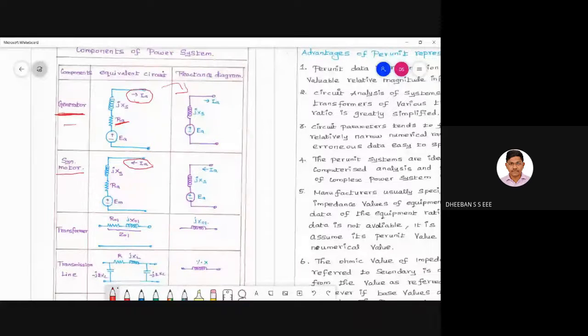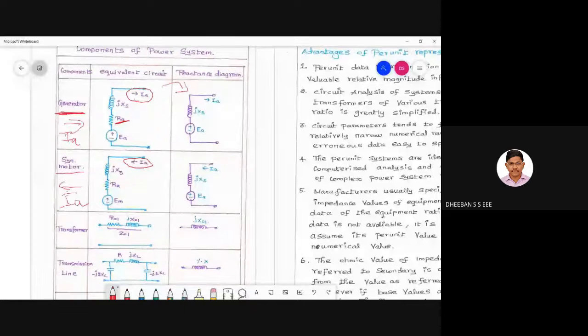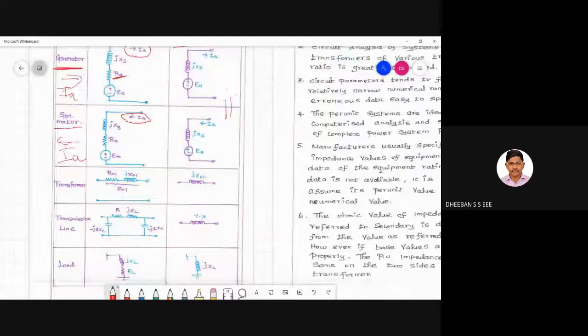For the generator, the I_a will be flowing outwards, that is the current. For the synchronous motor, the I_a will be flowing inwards. And this is the equivalent circuit. So the equivalent circuit will be more or less equal in the case of your generator and your synchronous motor.